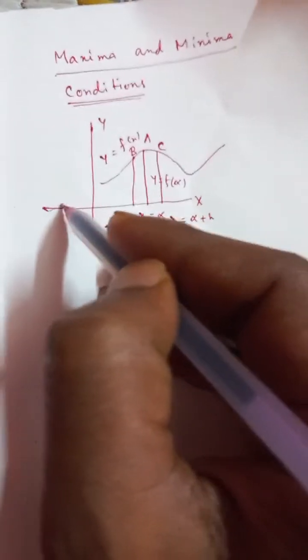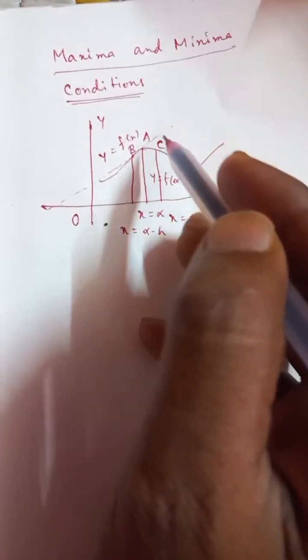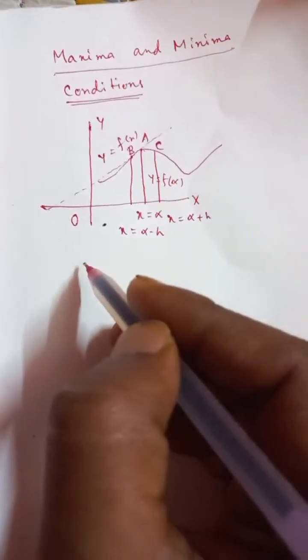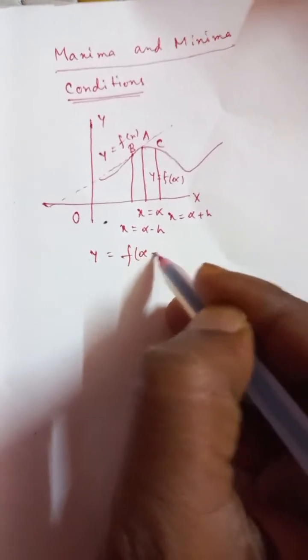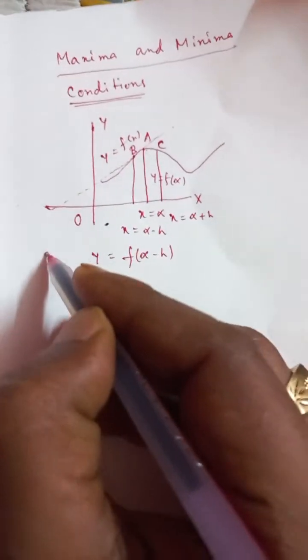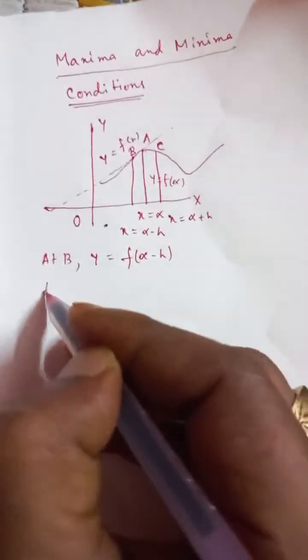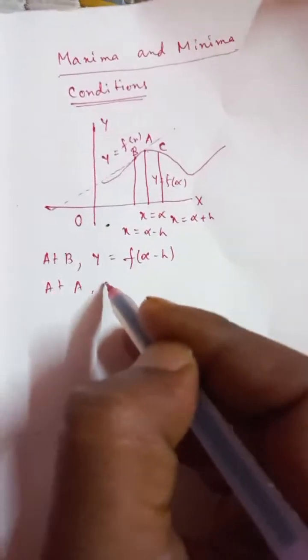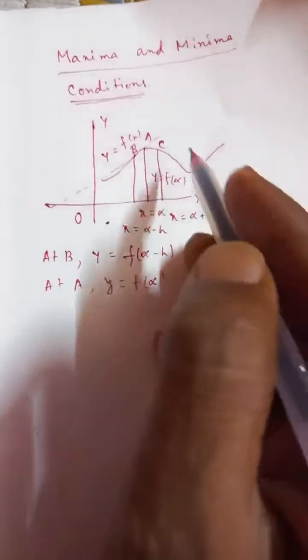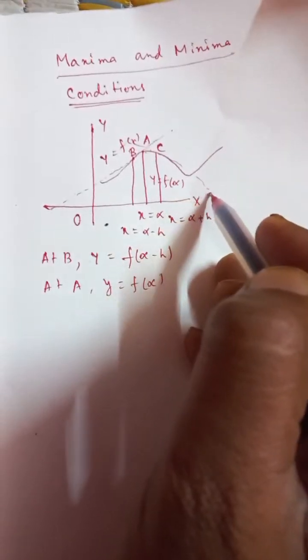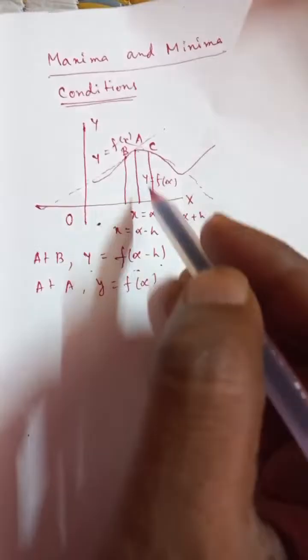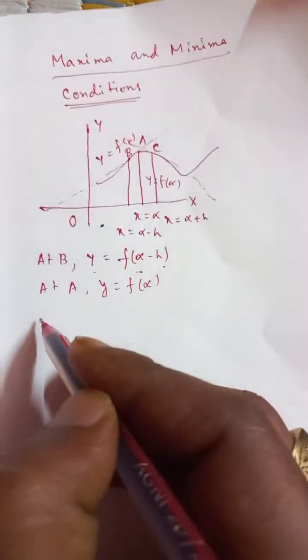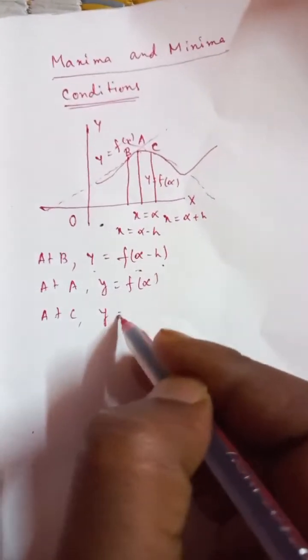So we have to look at the slope at the point B. If we draw the slope at the point B, here y equals f(alpha minus h) at point A, y equals f(alpha) at point B, and at the point C the value of y is f(alpha plus h).